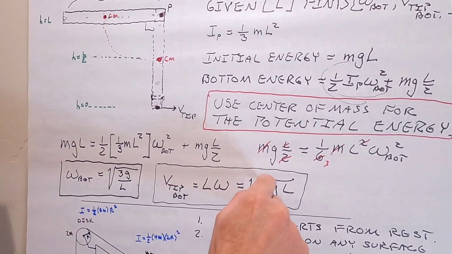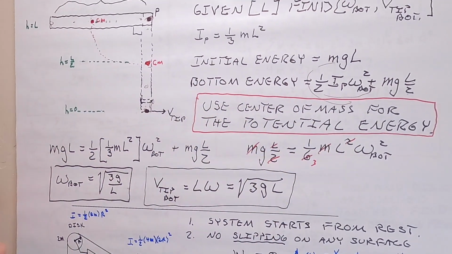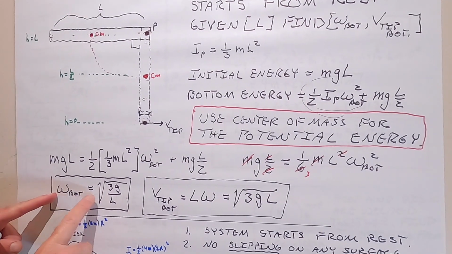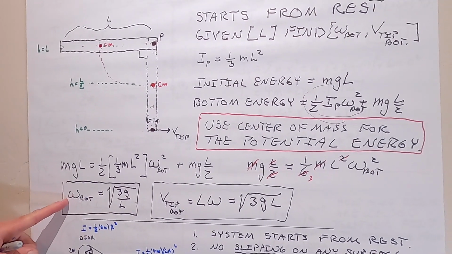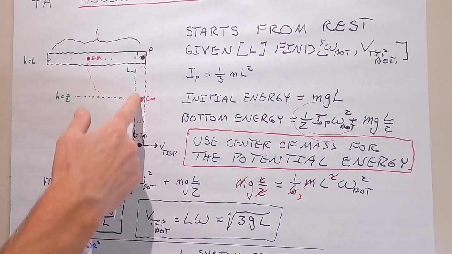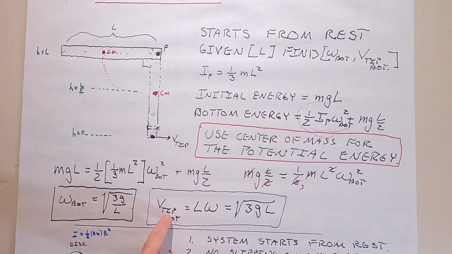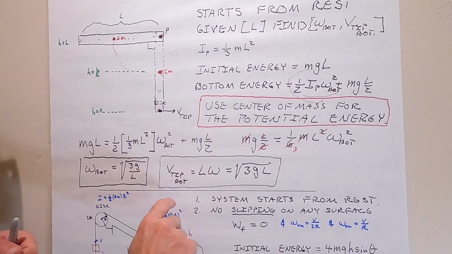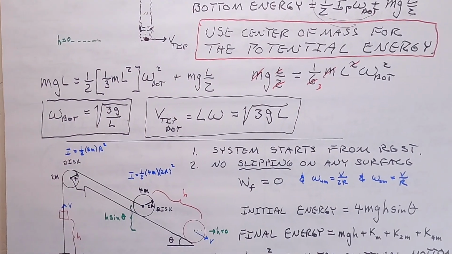We'll cancel a 2, cancel an m, cancel an l, and then take the square root of both sides. And so omega at the bottom is the square root of 3g over l. And then if we wanted to get the speed, v equals r omega, and r is l. So once we know omega, we can get the speed. In this case, it's L omega, which is the square root of 3gL.